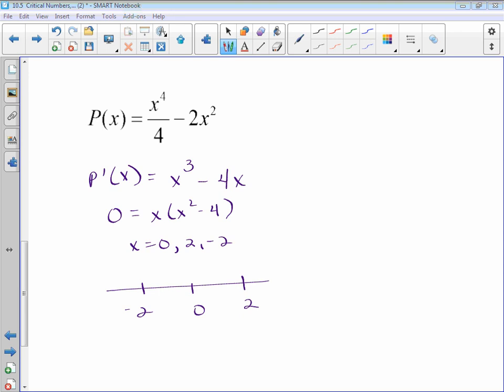So where it's increasing and decreasing actually shows you where the original max and min are. It's very weird.